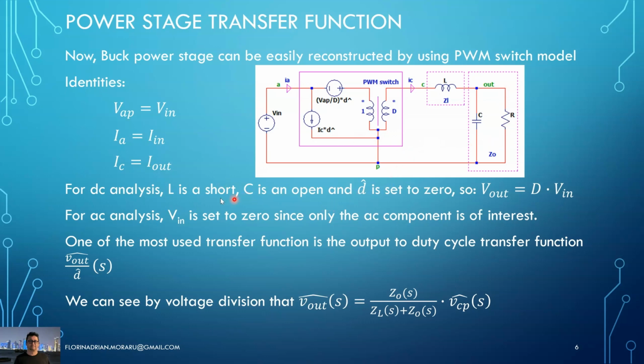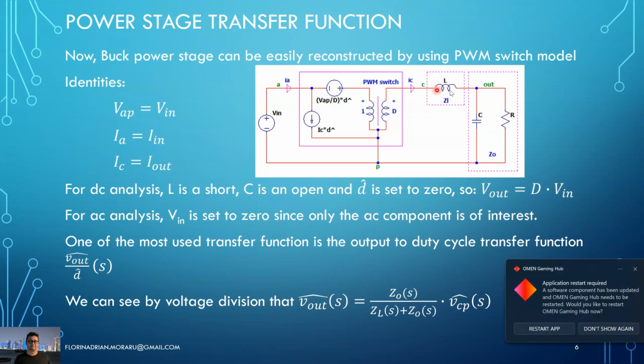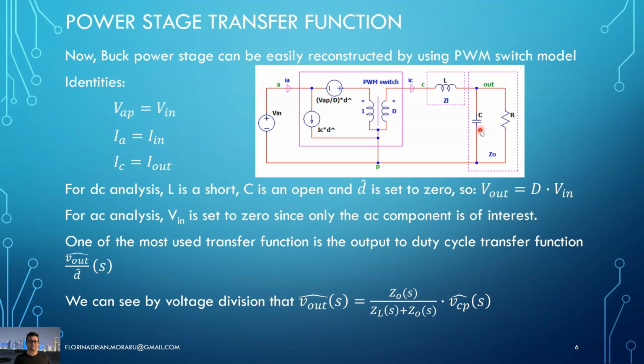Okay, so in a DC analysis, or what a SPICE program is doing when it's calculating the DC operating point, we have the inductors like a short circuit, and the capacitors like an open circuit, and of course we will not have any small signal component.